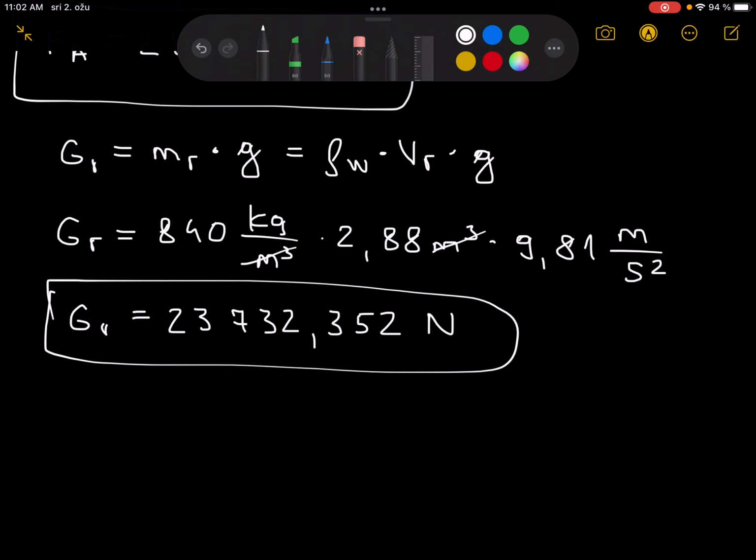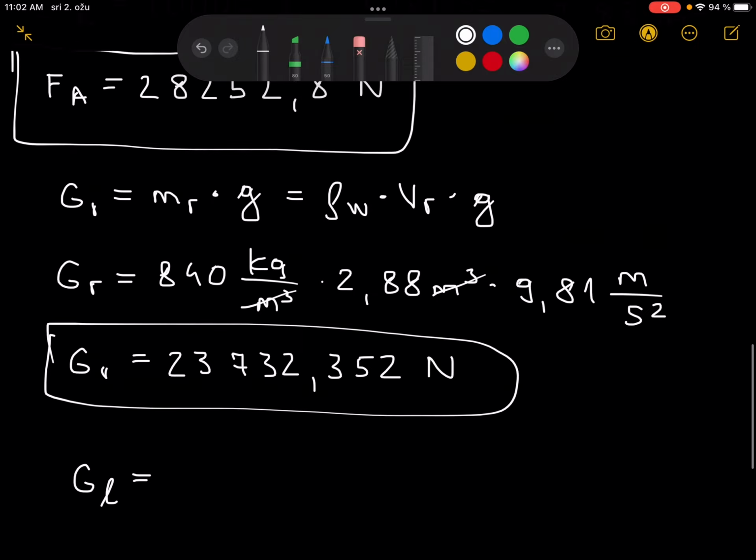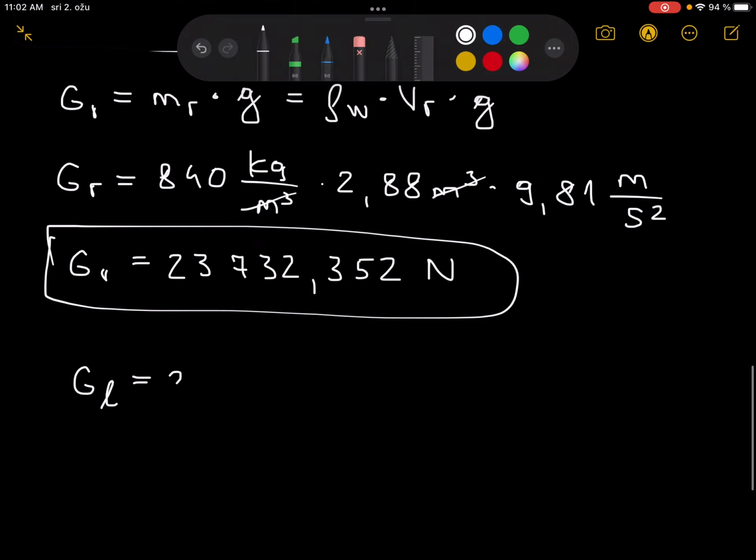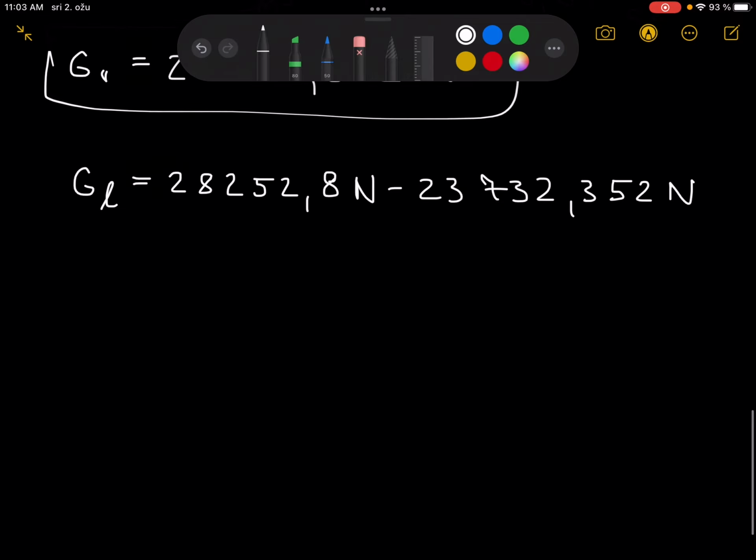Now that we know Archimedes force, or the lift force, and the weight of the raft, we can calculate the maximum weight of the load. So that's going to be equal to 28,252.8 newtons minus 23,732.352 newtons.